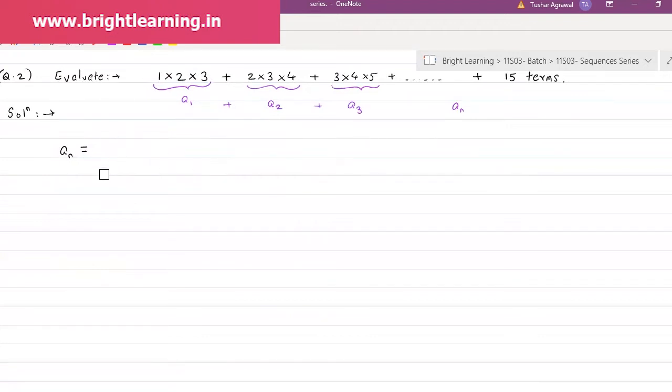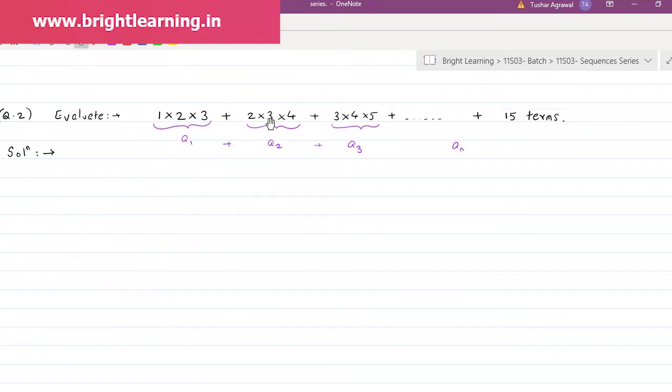So observe here that all these terms are nothing but the product of three consecutive natural numbers. And how are three consecutive natural numbers represented?